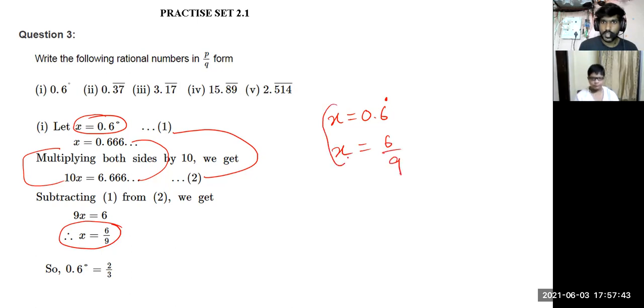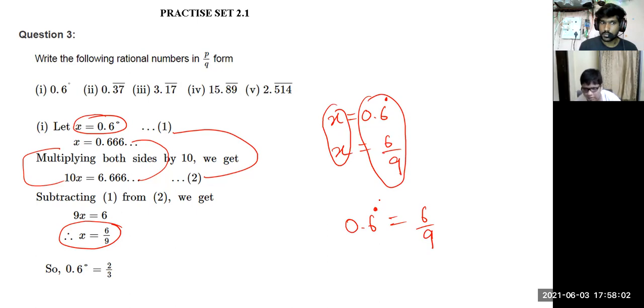So you will see the left hand side is the same, x. So the right hand side should also be the same. So that is why 0.6 is equal to 6/9. Understood? Oh, sorry. Yes, this is incorrect. Sorry, this had to be 6/9.